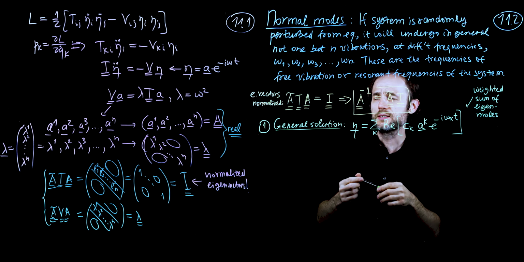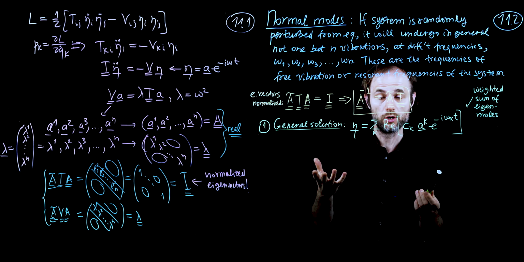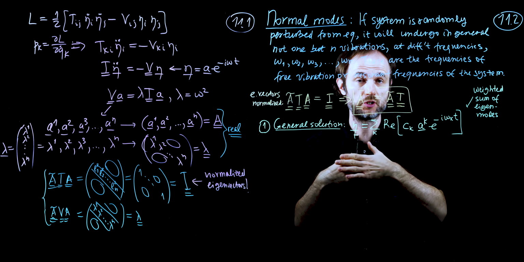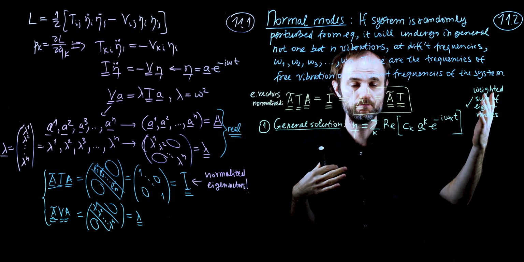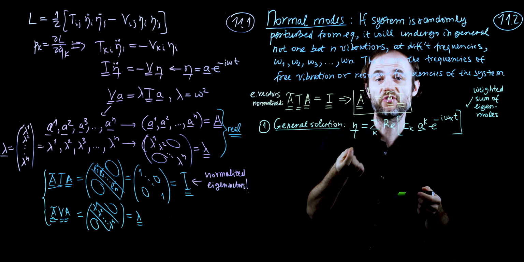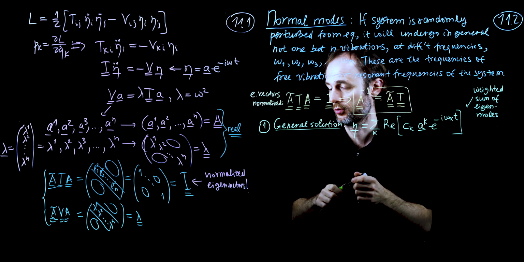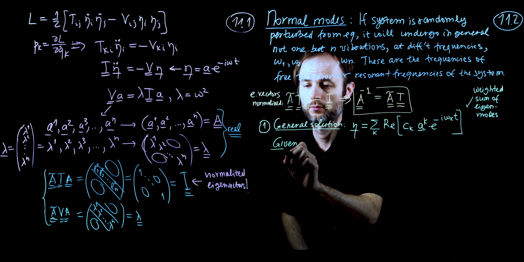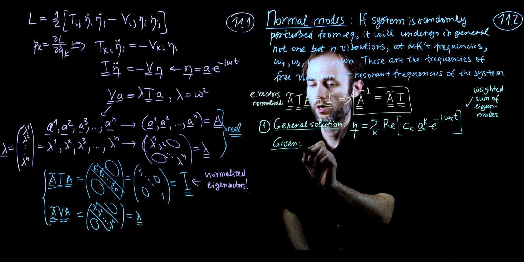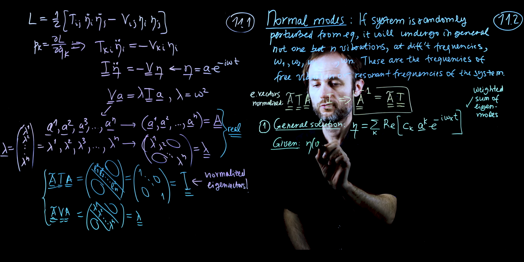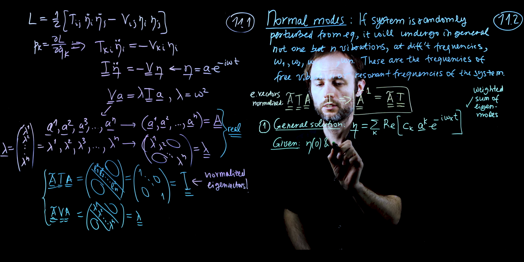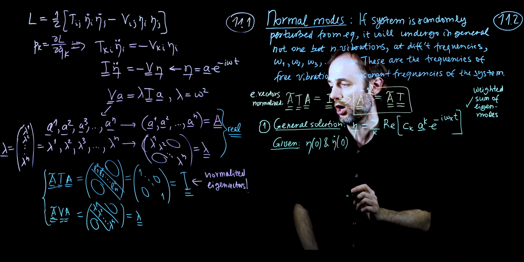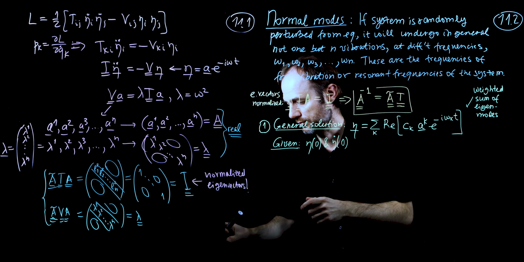So let us now try and write down the solution to our system as it evolves in time, starting with some sort of initial condition eta 0. So suppose that we are given eta of 0 and eta dot of 0. So these are initial conditions.